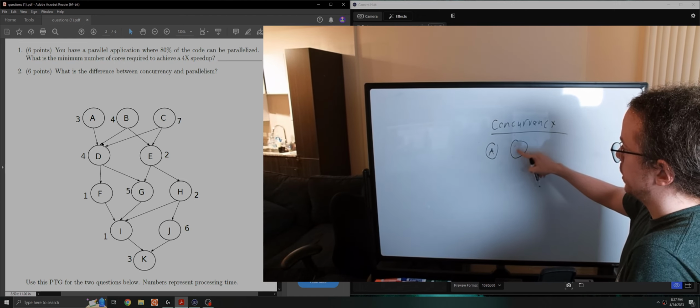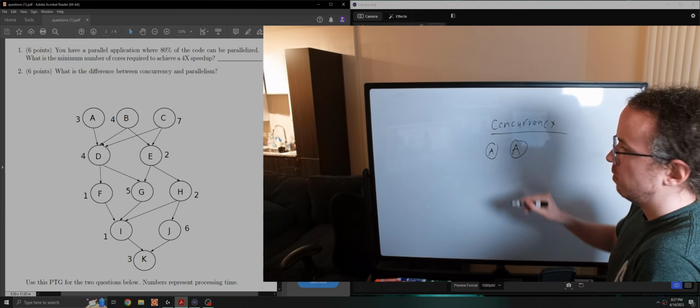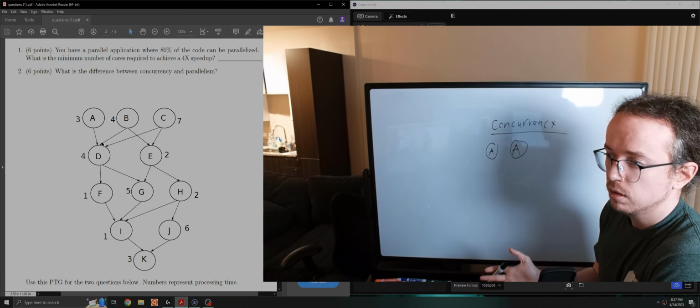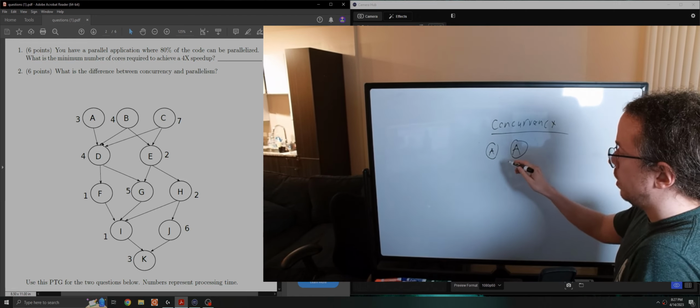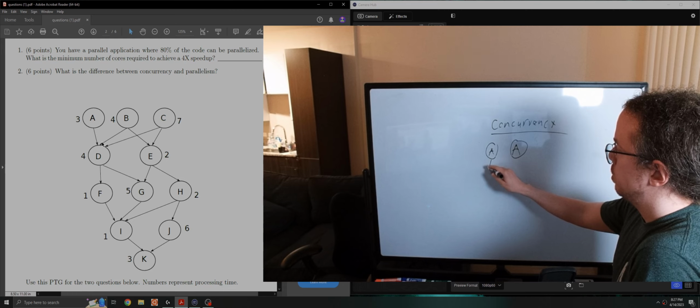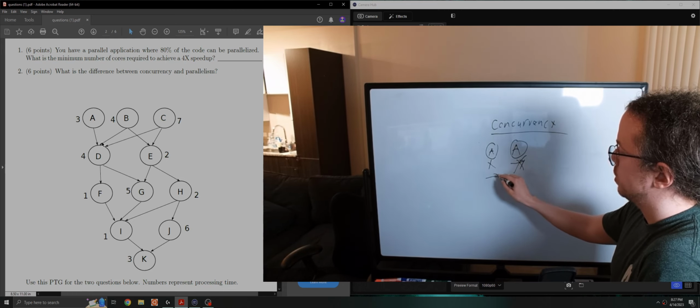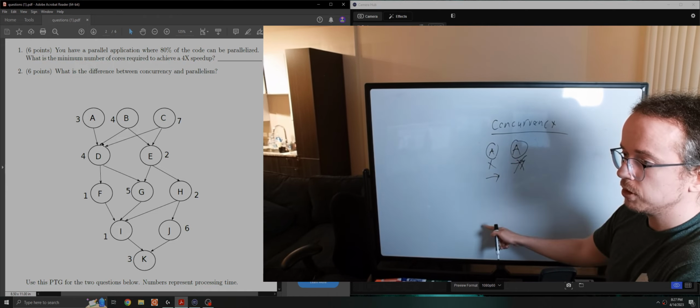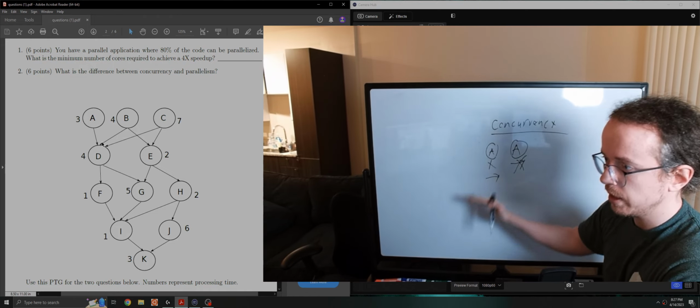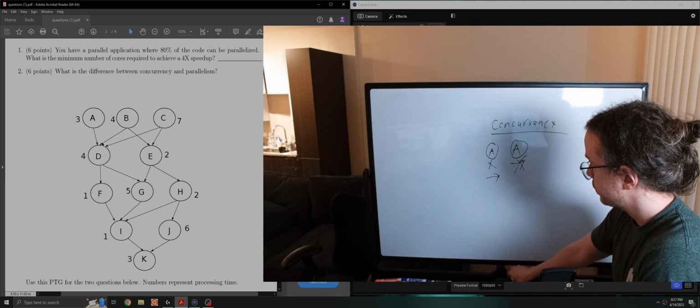And more generally, it can even be 2 of the same task. You can stop one, go to the other one, stop this one, go back to this one, and the solution will still be correct.